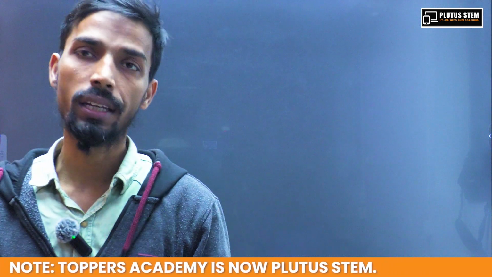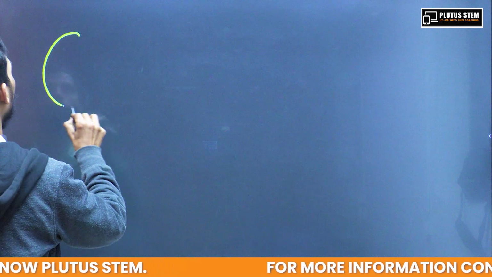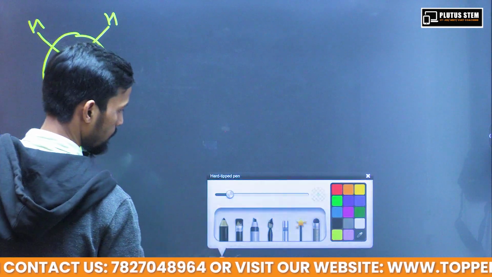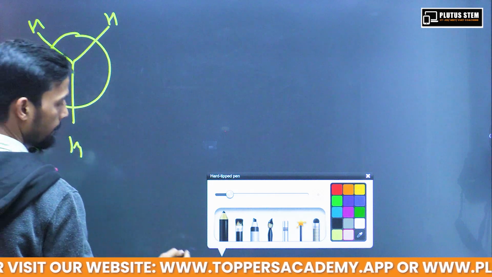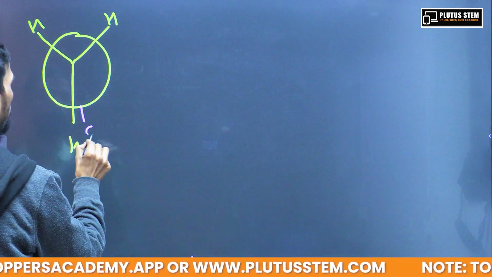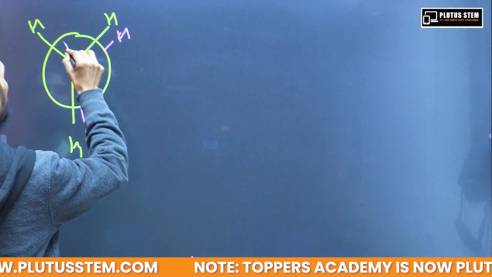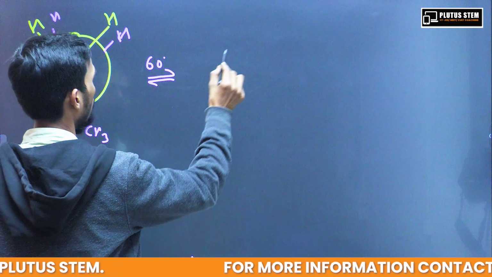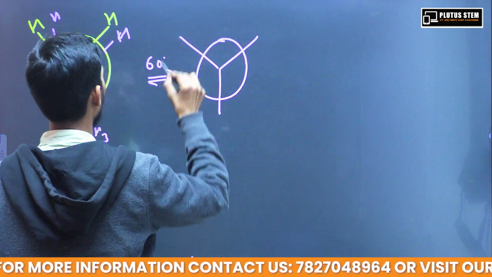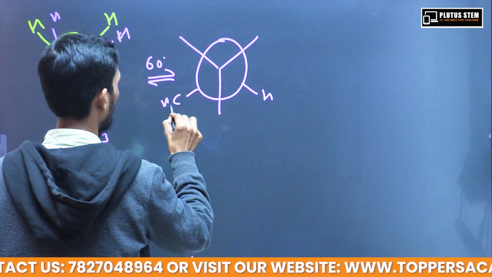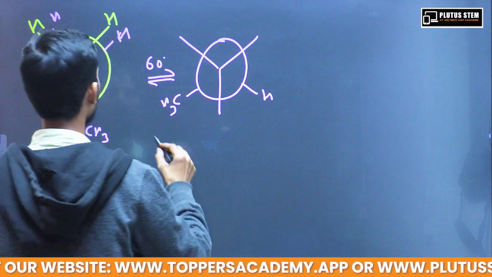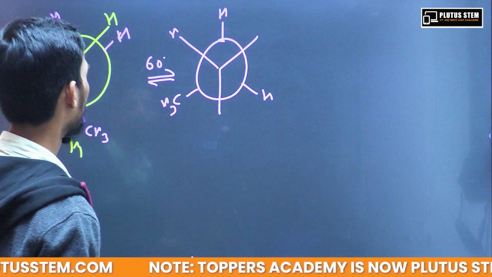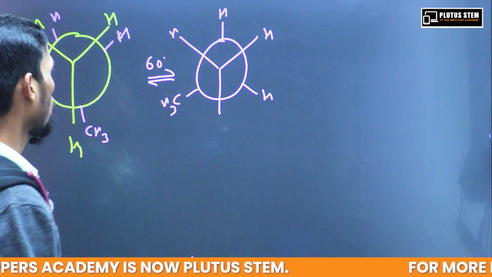So if we want to compare now for the propane molecule, if we rotate this around 60 degrees, CH3, H, CH3 like this, H over here, H over here like this or not?